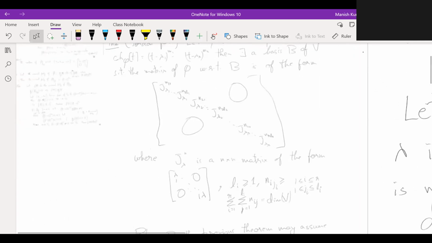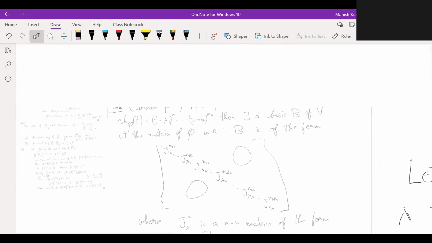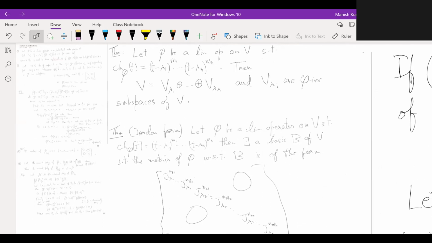Using this theorem, we already have a decomposition into phi invariant subspaces V lambda 1 to V lambda r. Now for each V lambda, we'll again decompose it further into phi invariant subspaces whose basis will be of this form, generalized eigenvectors of exponent n and so on.